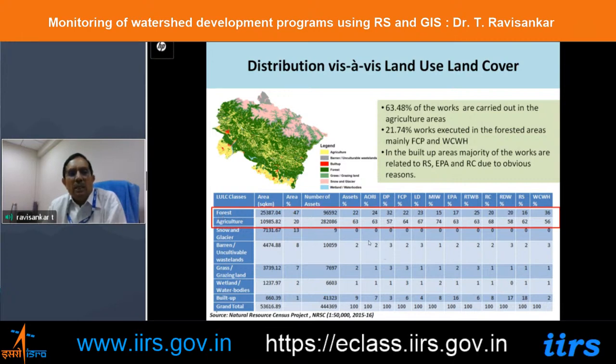The remaining are minimal because of accessibility and other things. Depending on the rural setup, they are being taken up, but the majority is in forest and agriculture. So slope and land use play a very important role in taking up the asset creation NRM activities in Manrega.